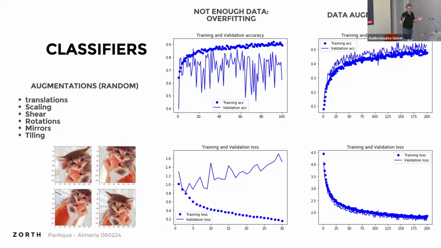Now, there's a way to remediate that not enough data if you think that your data is meaningful. So if you think that you've covered most of the cases and it's just going to be a pain to add more data just for the sake of adding data, you can do data augmentation. There's various data augmentations that we've got. One of them is adding translations to your images.